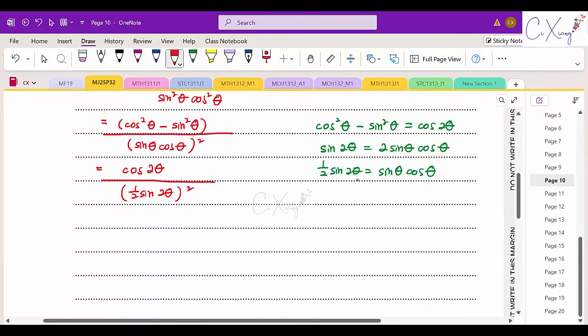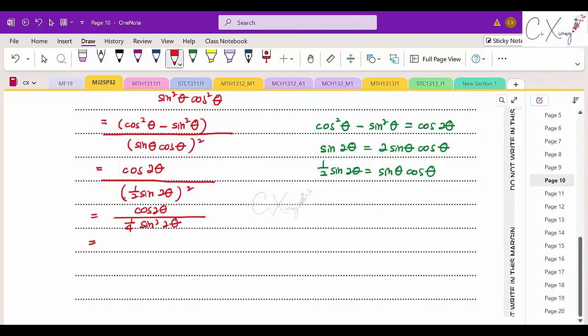Okay, continue to simplify it. I still have cos 2 theta divided by 1 over 4, then sine square 2 theta. When I'm having 1 over 4, I will have a constant 4. Then for the cos 2 theta on top, I just keep it here.